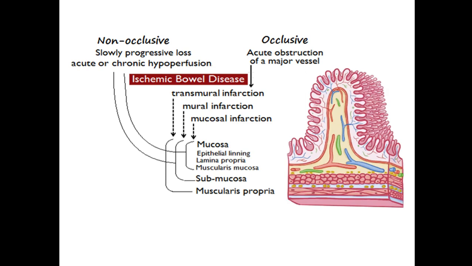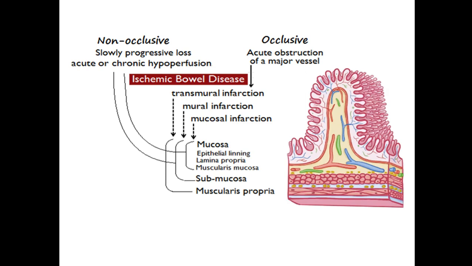As we know, the intestine is composed of mucosa, submucosa, muscular layer, and serosa. So in slowly progressive loss of blood supply, the mucosa is affected, which contains the epithelial lining, lamina propria, and muscularis mucosa. And this we know as the mucosal infarction.